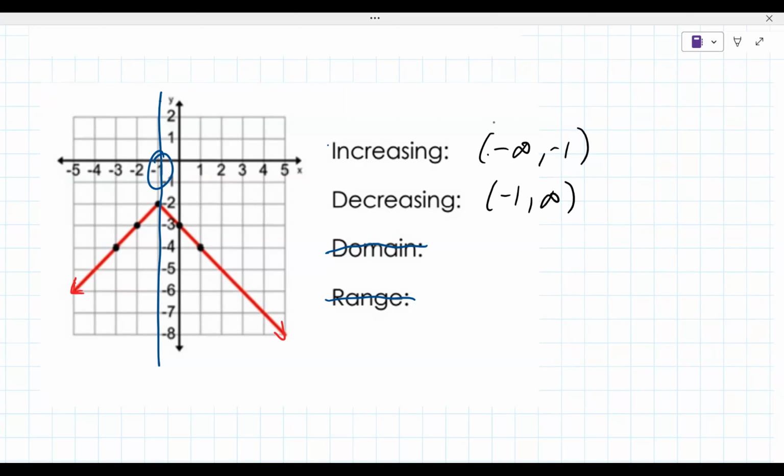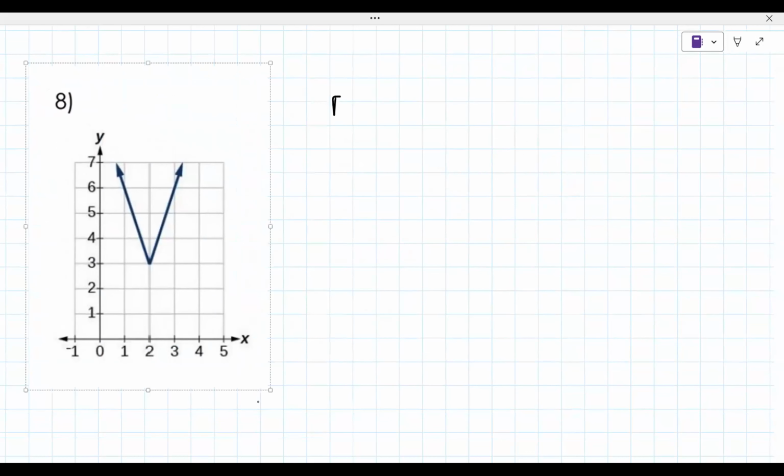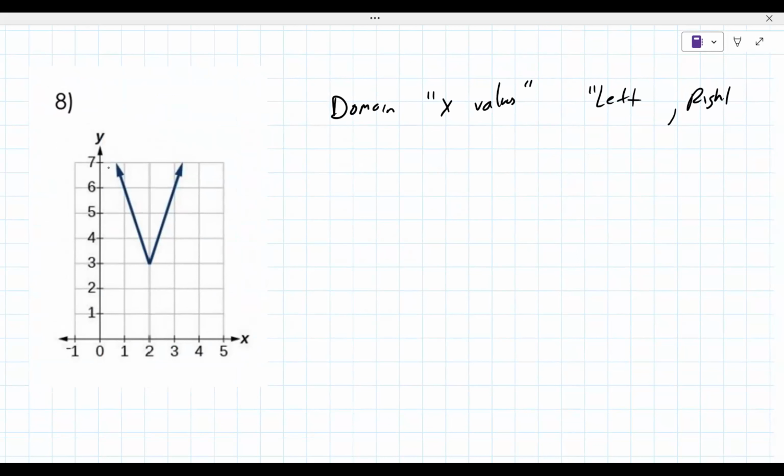Right. So I think you've got that. Now we can go back and talk about domain and range. For number 8 here, go back to number 8. The domain refers to the x values. So basically how far left to how far right.